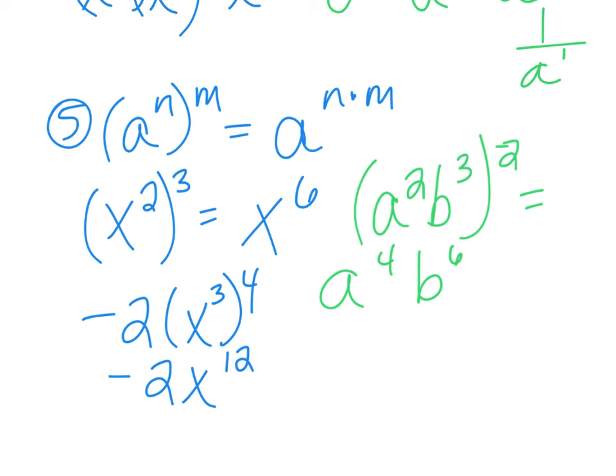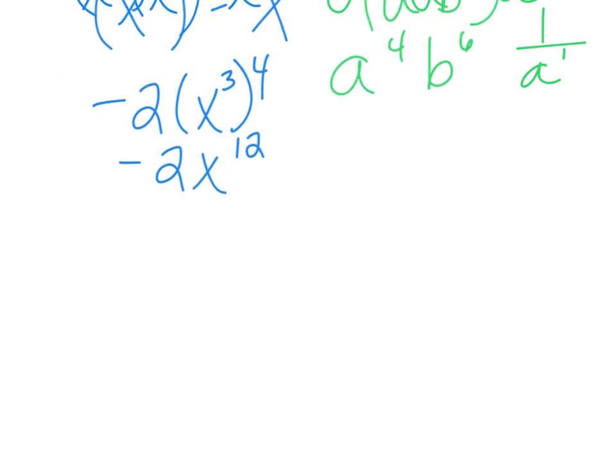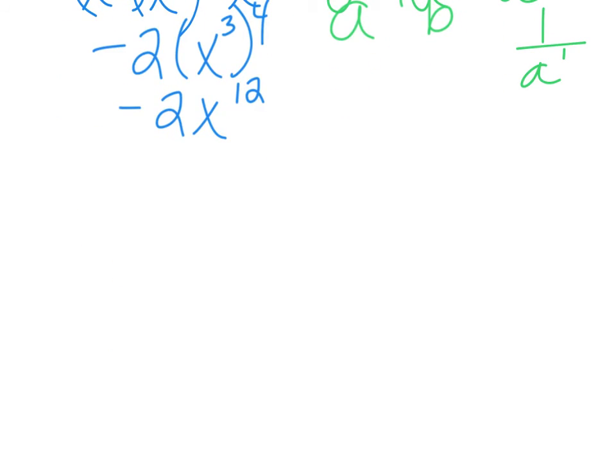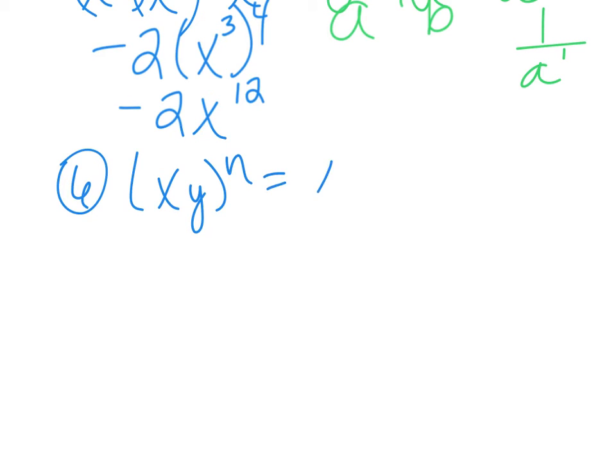All right, so that brings me to the last 2 rules, and number 6 we already talked about, but I don't think it's on your reference chart. You're just supposed to know it. So if you have 2 numbers raised to a power, then you split it up, and it's that term raised to the power, and then that term raised to the power.